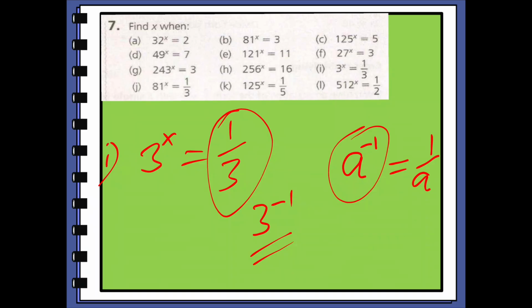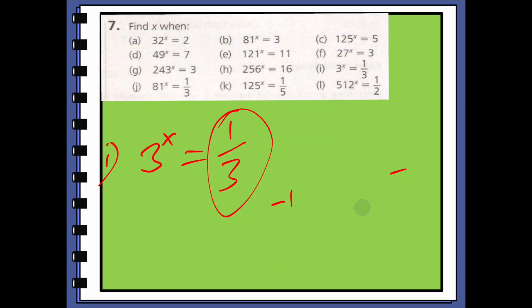So we are saying that to write 1 over 3 with a power, because 1 over 3 is quite hard to find, we say 3 power x is equals to 3 power -1.